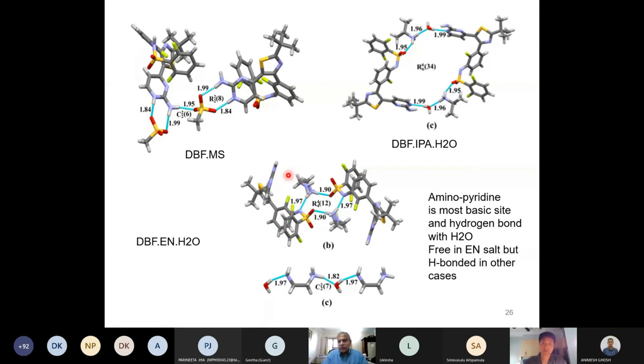So there are two sites on which water can hydrogen bond with the API in the ethylene diamine salt. One is the aminopyridine side of the API, and the other is the hydrogen bonded chain between the water and the ethylene diamine. And because of this large number of hydrogen bonds between solvent water and the salt, the solubility of this particular ethylene diamine salt is far superior to that of the known mesylate salt.